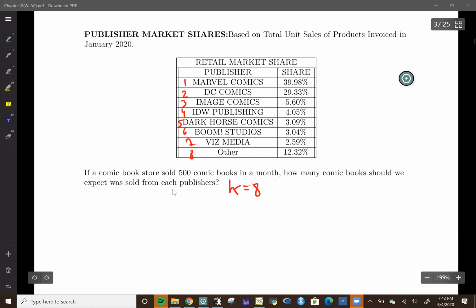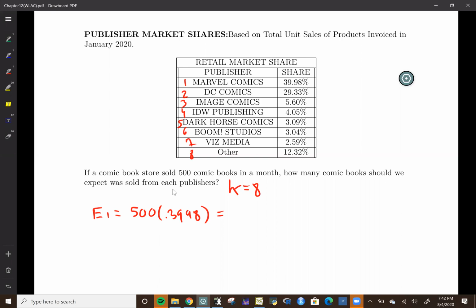All right, so let's do this next problem. Let's see how many we should expect Marvel to sell. We're gonna find the expected for 1. So we do 500, and we multiply it by the percentage of share that Marvel has, which is 0.3998.